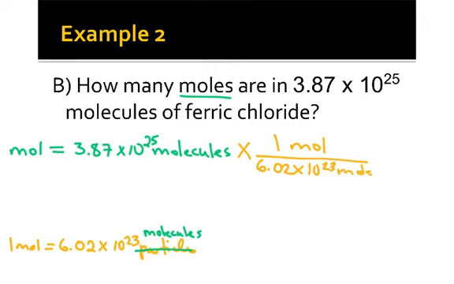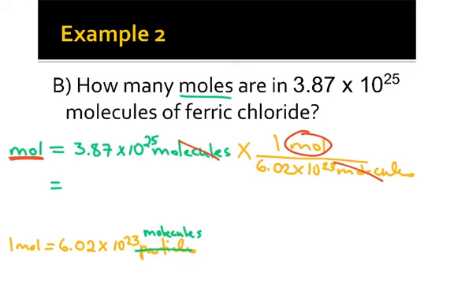Hopefully, you're starting to make sense of this at this point, because we need to get rid of molecules. And again, any unit that's the same on the top and the bottom, we can get rid of it. And I want to end up with moles on top here, just as I set up the problem, so that does this for me. So we can actually let this drive the math, if you will, so to speak. So let's do the math on this one. Again, I'm going to explain how to put this into your calculator.